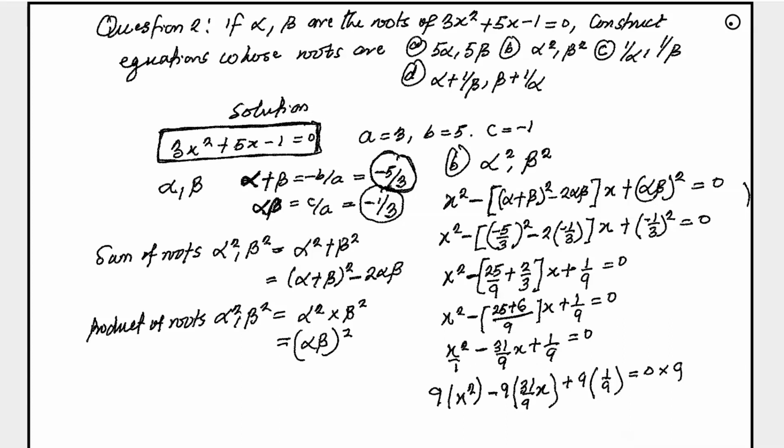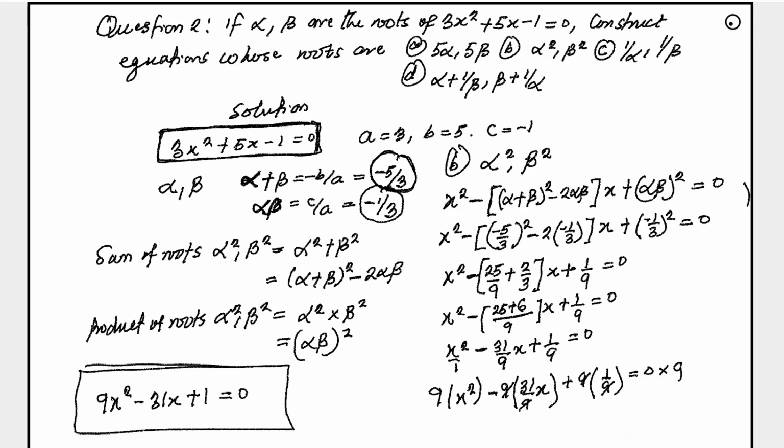So at the end of the day, I'm going to have 9x squared, this we cancel this, minus 31x, this we cancel this, plus 1 is equal to 0. So the roots of this equation are these. So we have used these roots to construct this equation.